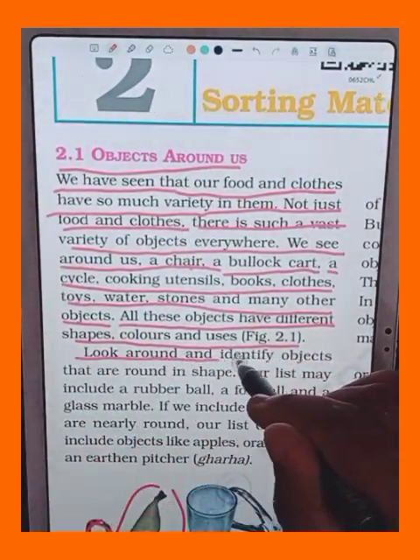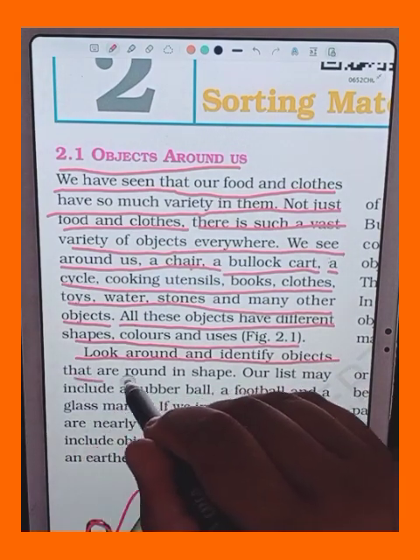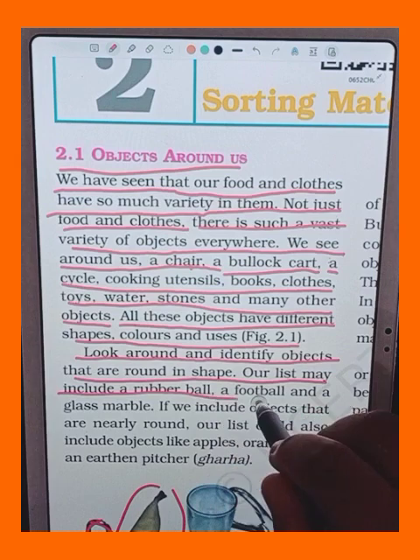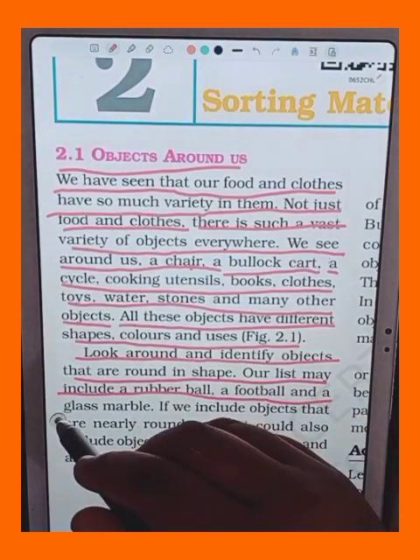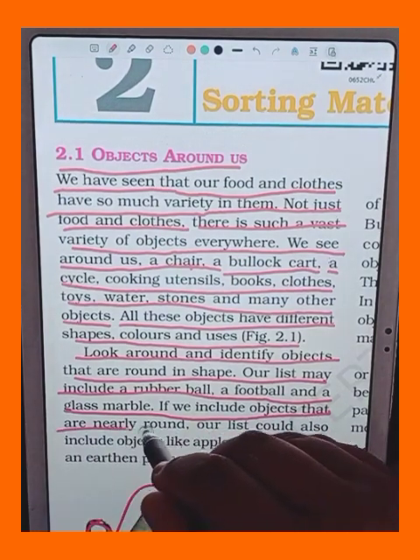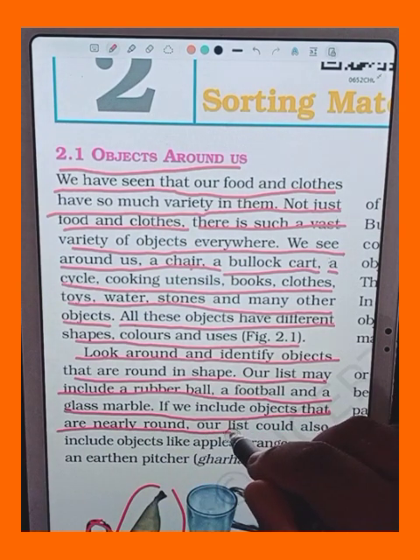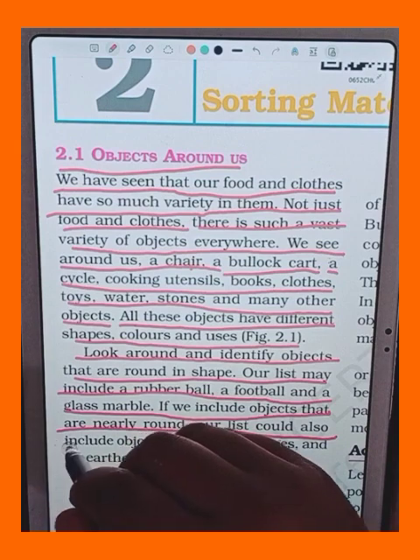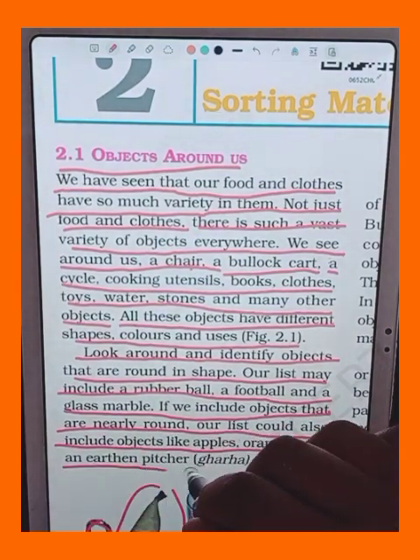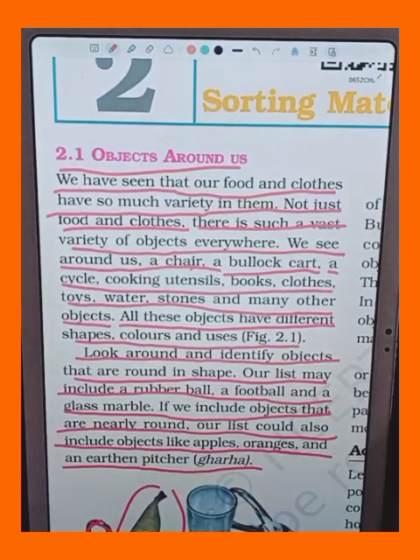Look around and identify objects that are round in shape. Our list may include a rubber ball, a football, and a glass marble. If we include objects that are nearly round, our list could also include objects like apples, oranges, and a tin pitcher or earthen pitcher.